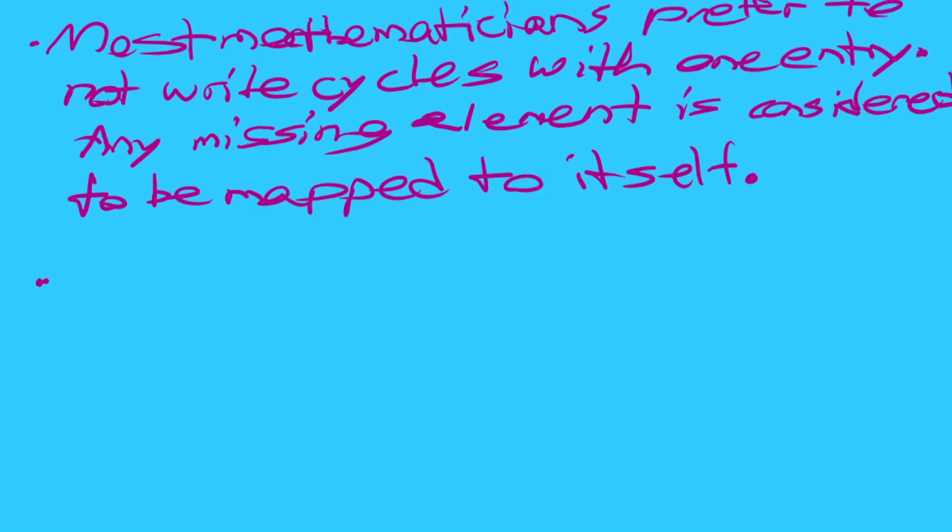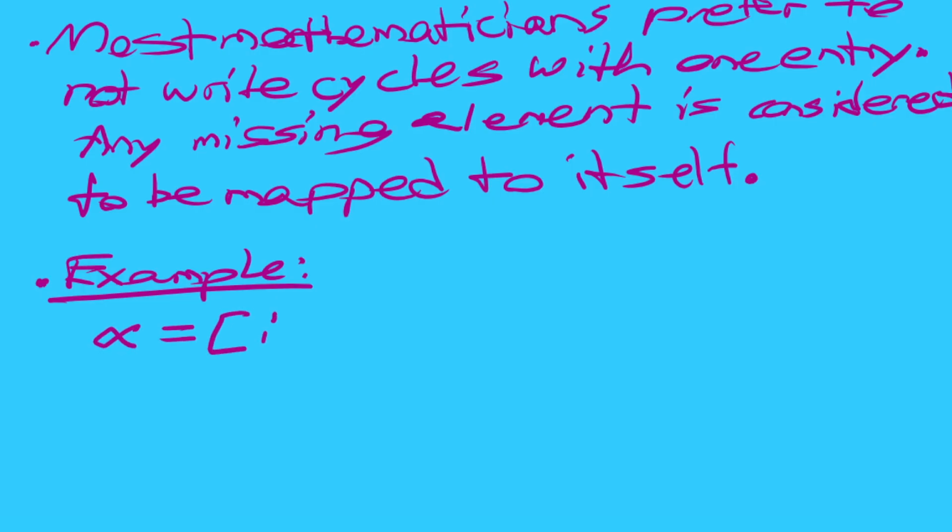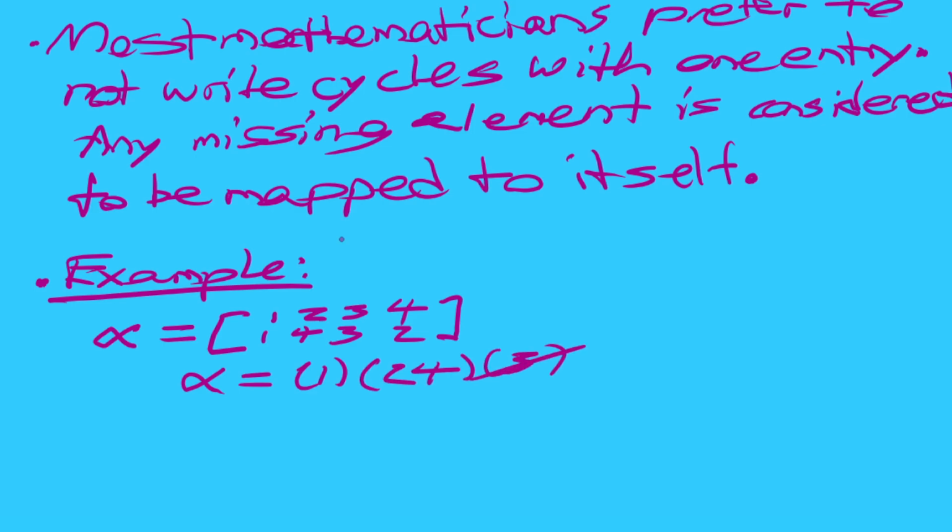So let's take a look at an example of this. So say we have alpha is this permutation. So if we were to write it in cycle form, well, if we were looking at what we see, we would probably write it like this, but it would just be better to omit those and just write it as 2, 4.